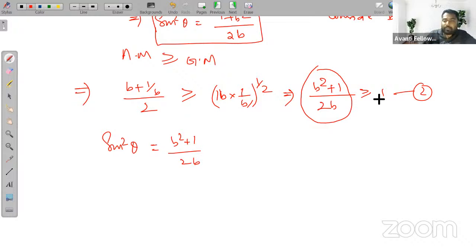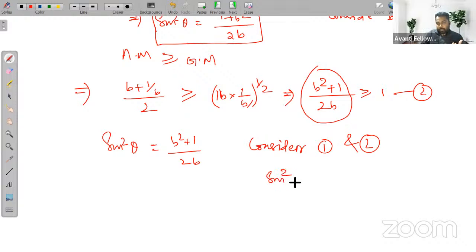So that means, by considering equations 1 and 2, what we are observing as the conclusion is that sine square theta must be equal to 1, because the only possible value of sine square theta is 1, as we can't take sine square theta greater than 1.